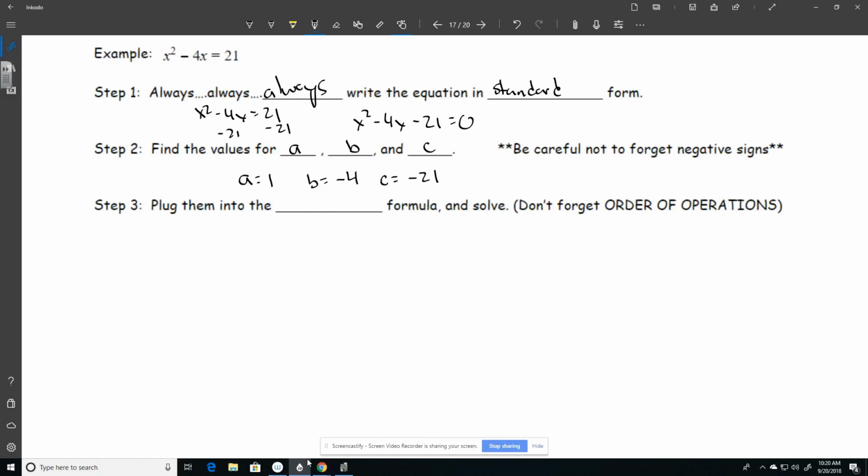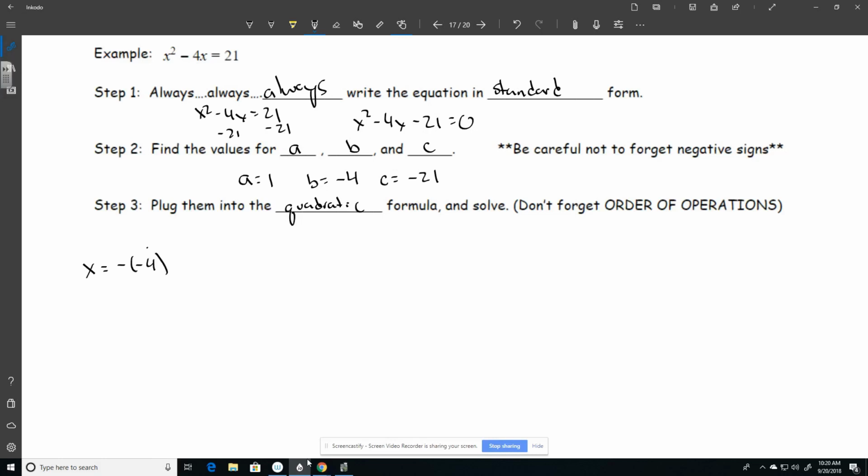Okay, so I find those values. Step 3, I plug them into the quadratic formula and I solve. I put a little note here not to forget the order of operations. We'll talk about that more as we're solving it. But really, you just have to be careful as you solve that you solve things in the correct order. So the quadratic formula says that x equals negative b. So I take in my b right here, negative 4.